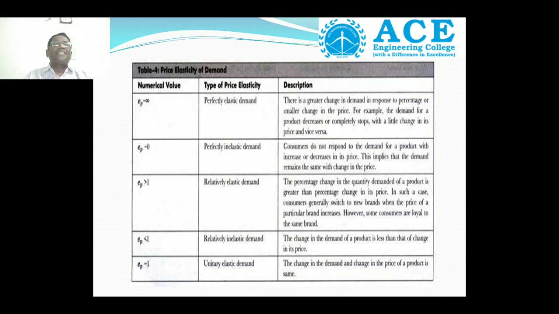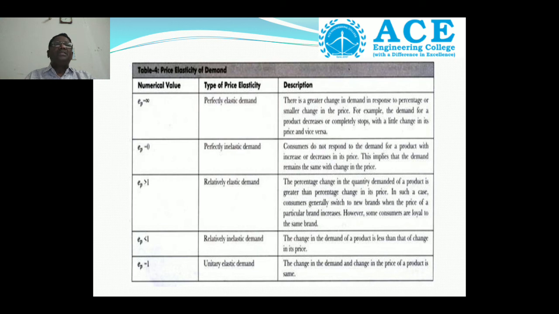The percentage change in the quantity demanded of a product is greater than the percentage change in its price. In such a case, consumers generally switch to new brands when the price of a particular brand increases. However, some consumers are loyal to the same brand.